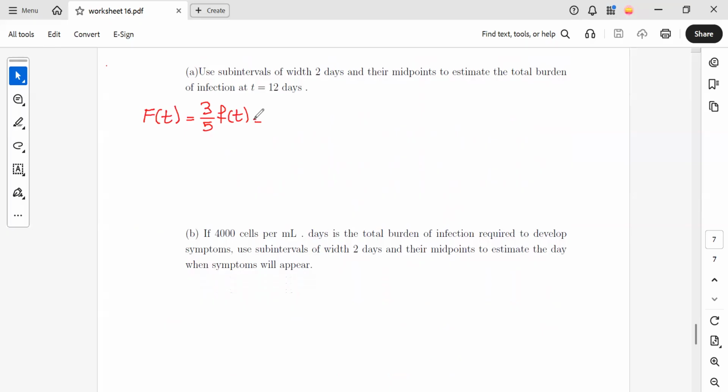And since it is negative, t times t minus 21 times t plus 1, it will be negative 3 over 5 times t times t minus 21 times t plus 1. And delta t here is 2, according to the question.